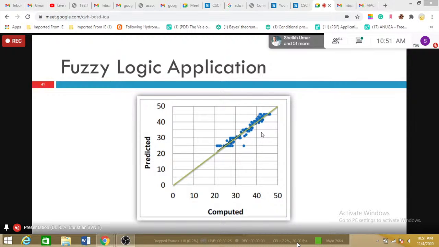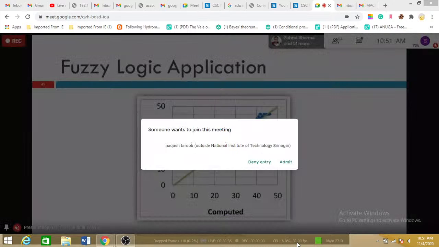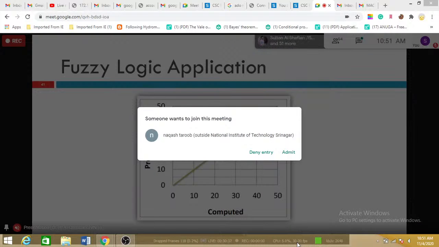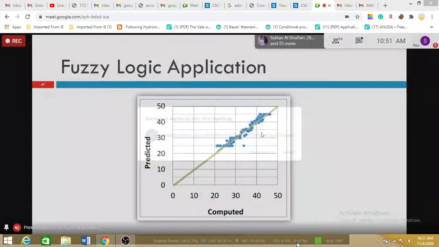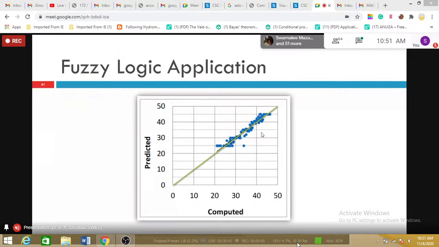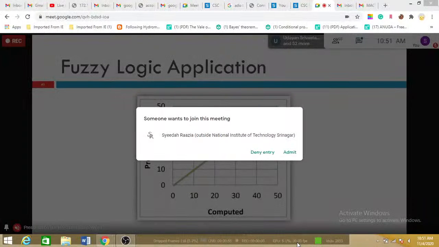So by applying this rule base without going into any mathematical equation, we solved this problem and predicted the concentration at Pratania regulator 2 kilometers downstream, simply by applying fuzzy logic application.